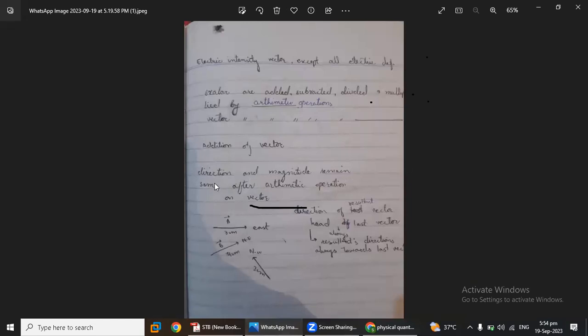Direction and magnitude remain same after arithmetic operation on vector. ठीक है, magnitude और direction arithmetic operation के बाद same रहता है, समझे बात। लेकिन direction of resultant vector, रिजल्टेंट डायरेक्शन ऑलवेज टुवर्ड लास्ट वेक्टर, यानी head of last vector की तरफ पहुंची। It always points towards the last vector, which means the direction remains same and the magnitude increases, but it's talking about over arithmetic operation, so don't get confused.